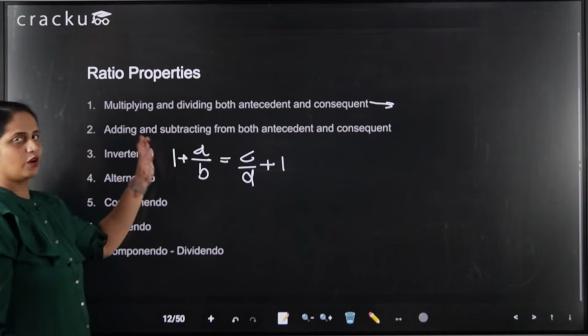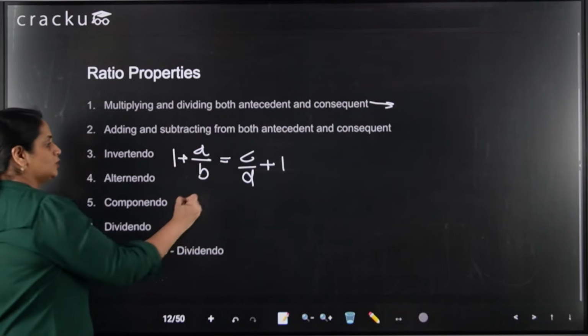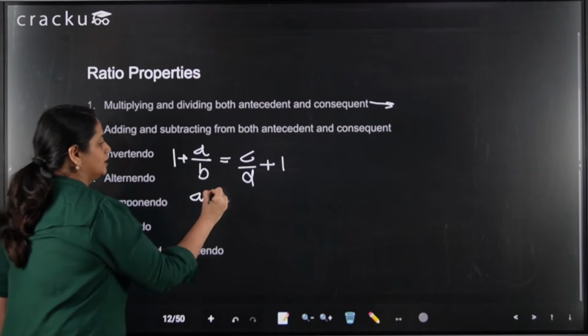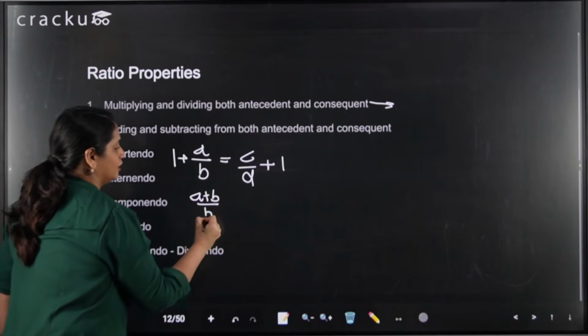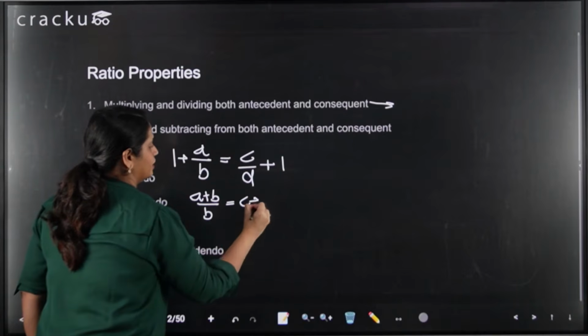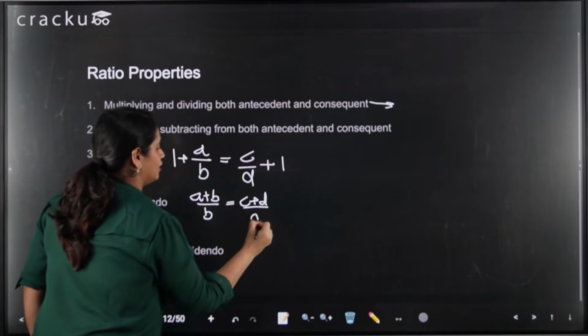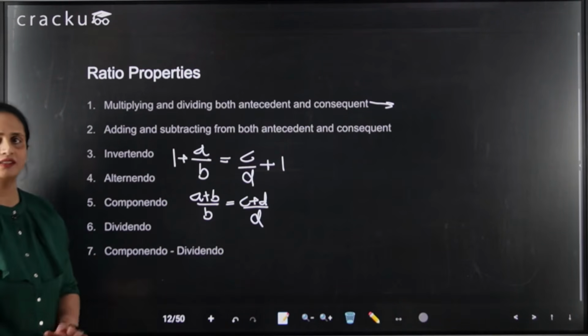Now take this, cross multiply, take it in the numerator. So what can you say? A plus B by B is C plus D by D. This is just componendo. That's it. There's nothing really to it.